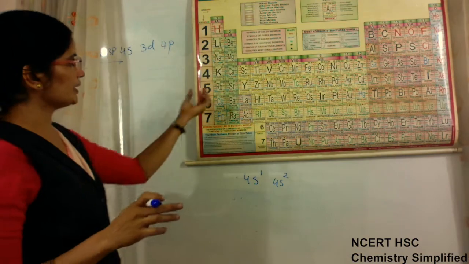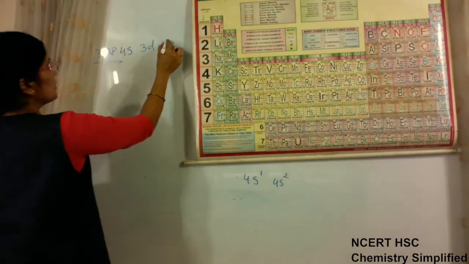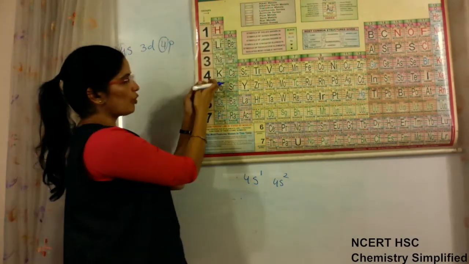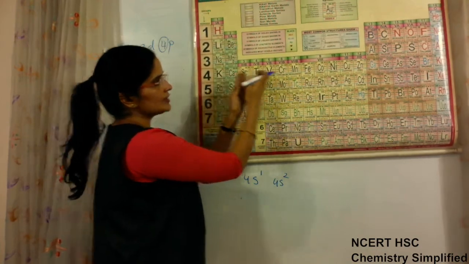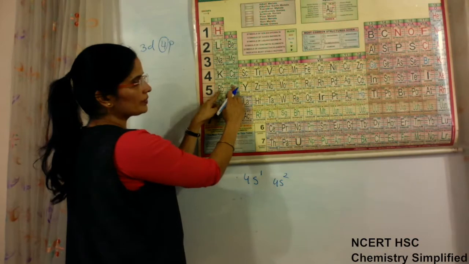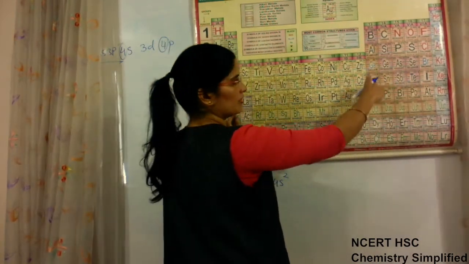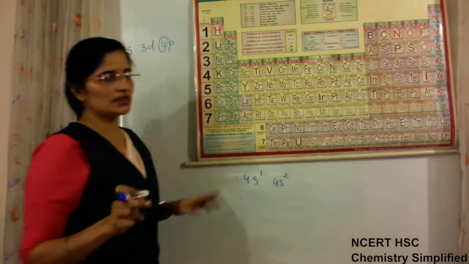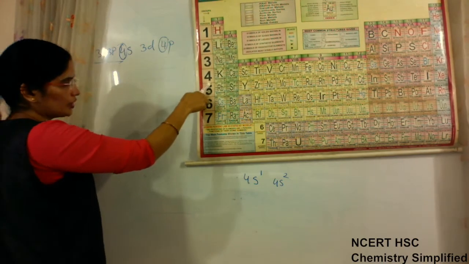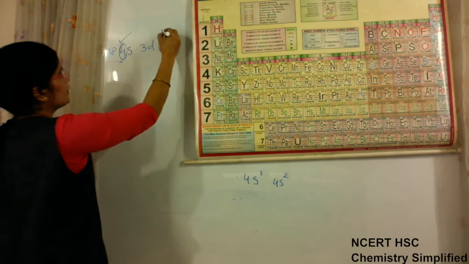So whenever we have electrons to be filled in s and p, the shell number for s and p always remains the same. If it is the 4th period, if here is 4s, here will always be 4p. If it is the 5th period, these two are 5s1, 5s2, so p will here be 5p1 to 5p6. That means the number of the shell is according to the number of the period, and that shell is common for s and p.